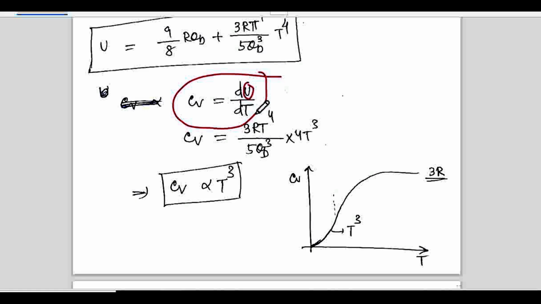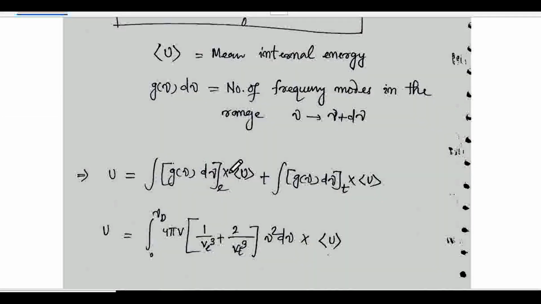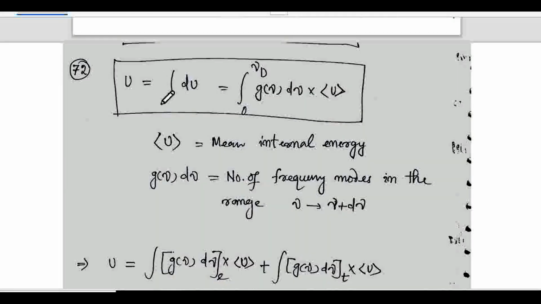So if you get the value of u and differentiate it with respect to temperature, then you will get the relationship of Cv with temperature. But before that you have to find u, the internal energy. Internal energy is the total energy depending on temperature in the system, the average internal energy of the system.